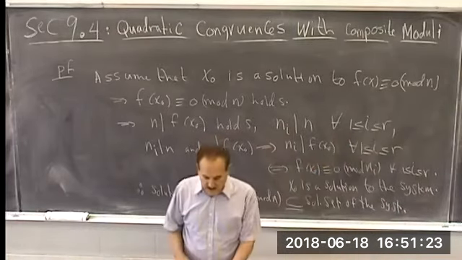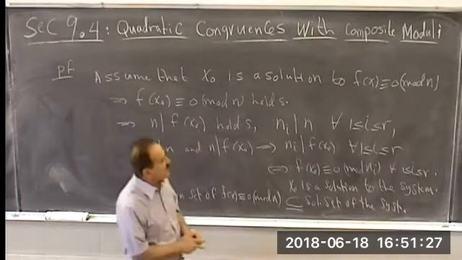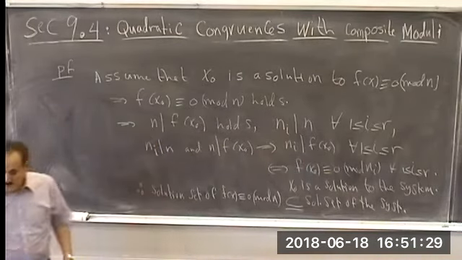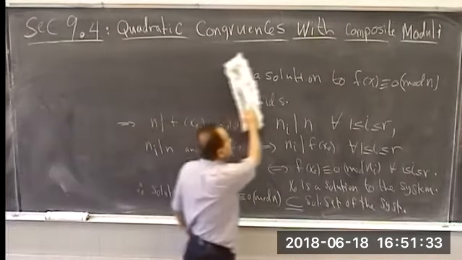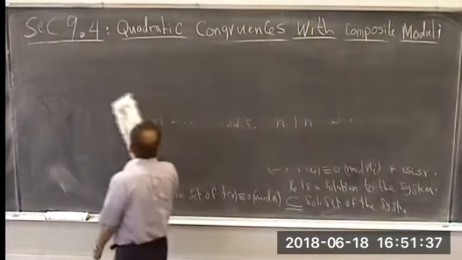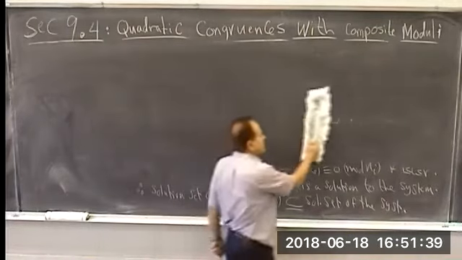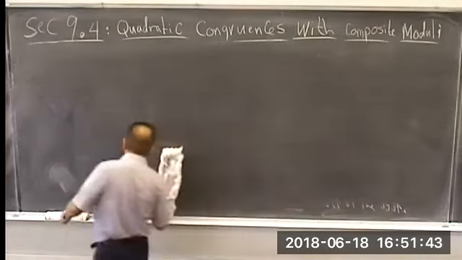Now I'm going to go the other way around, and suppose we have a solution for the system, and see how we can find the solution for the single equation.